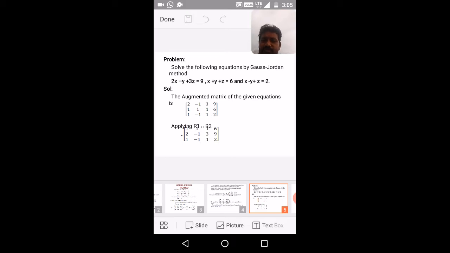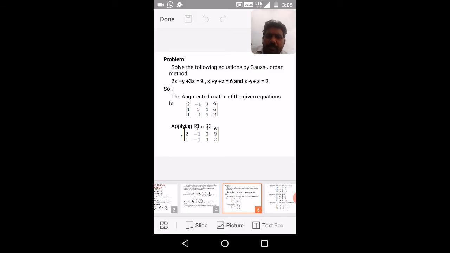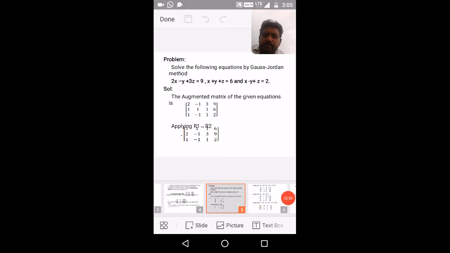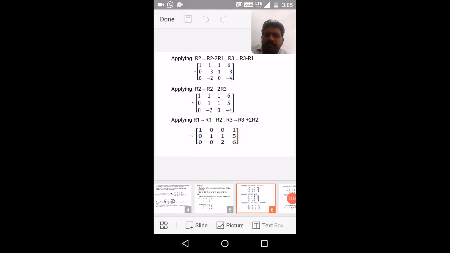Okay, so next thing, applying R2 tends to R2 minus 2R1, R3 tends to R3 minus R1. So after observing that the first element of the first row should be 1, then go for the first element of the second row and the first element of the third row.